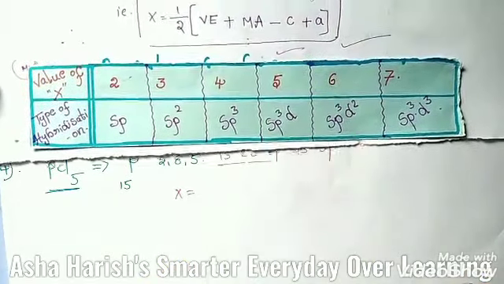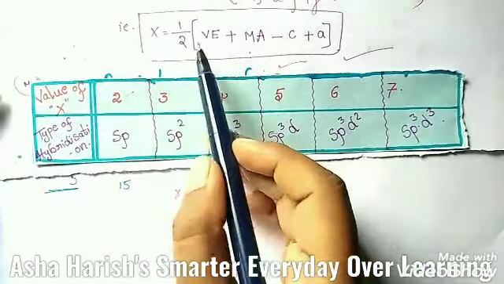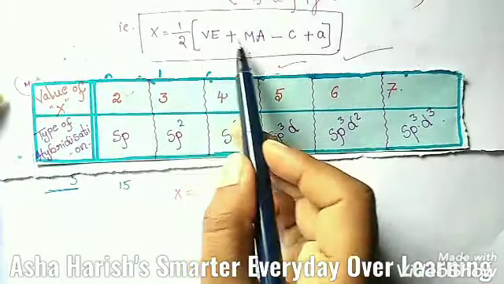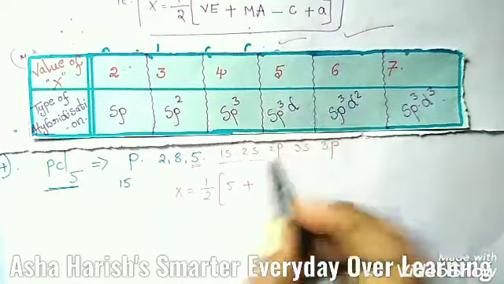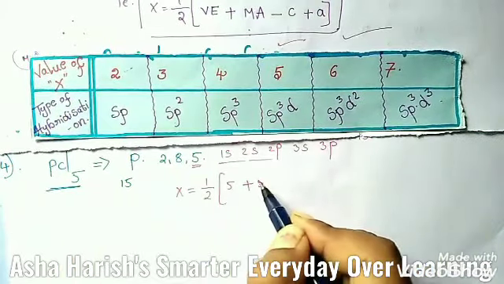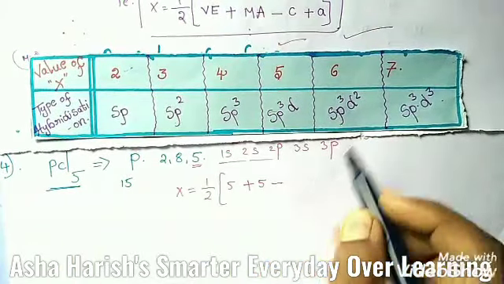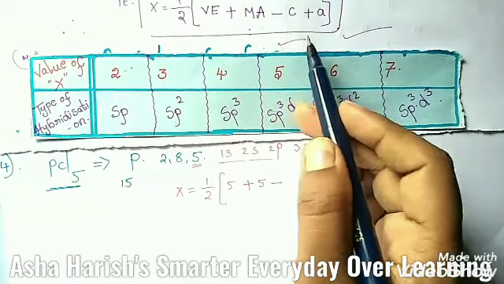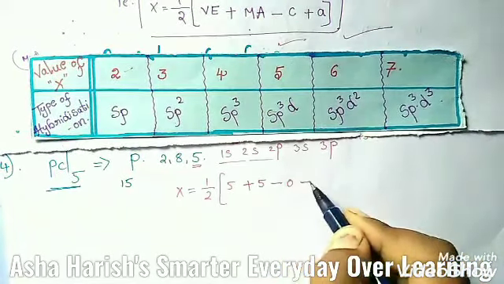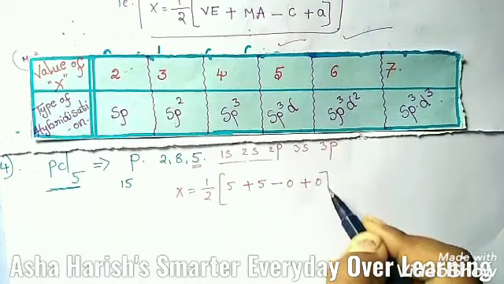X value, here you can see the formula, half into VE plus MA minus C plus A. VE is nothing but valency electrons here, 5 valency electrons. So half into 5 plus monovalent atoms. Those are chlorine atoms, 5. Minus charge on the cation, that is 0, plus charge on the anion also 0.